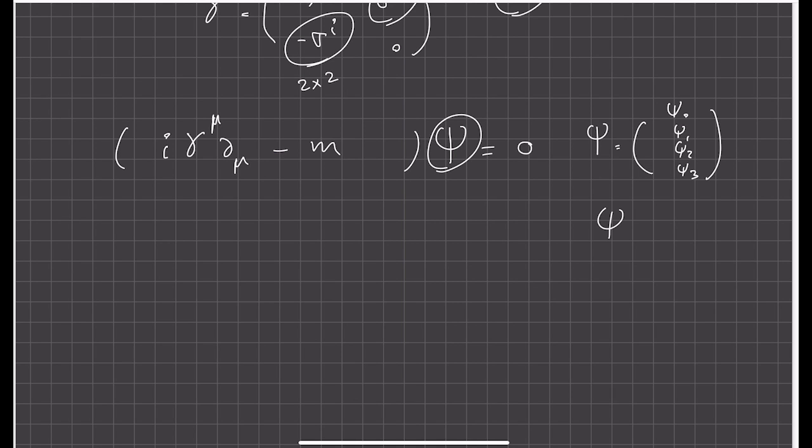But basically I need to divide psi into two basic units, psi 0, psi 1 and psi 2, psi 3. Let me call the first unit psi L, and the second unit psi R. The letters L and R stand for left-handed and right-handed, and we are going to talk about why. Maybe now we are just confused about what left-handed and right-handed mean.